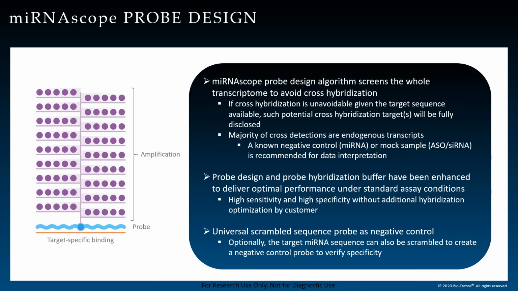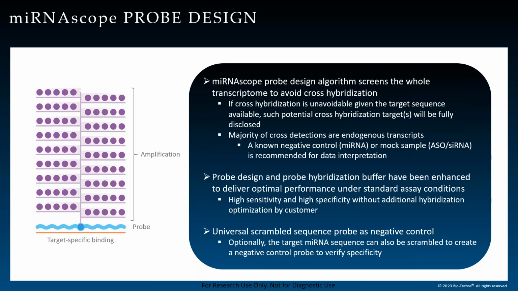For microRNAs with cross-detection, we recommend the use of a non-negative control sample for the microRNA target. On the other hand, if your targets are ASOs or siRNAs, we always recommend your studies to include a mock or untreated sample for your data interpretation. In addition to the new probe design strategy, we also improved the probe hybridization buffer to deliver optimal assay performance.